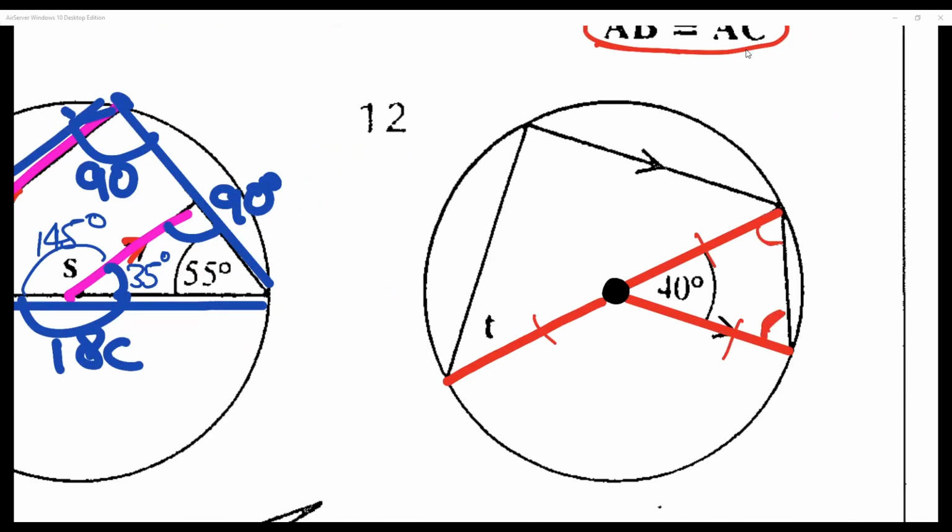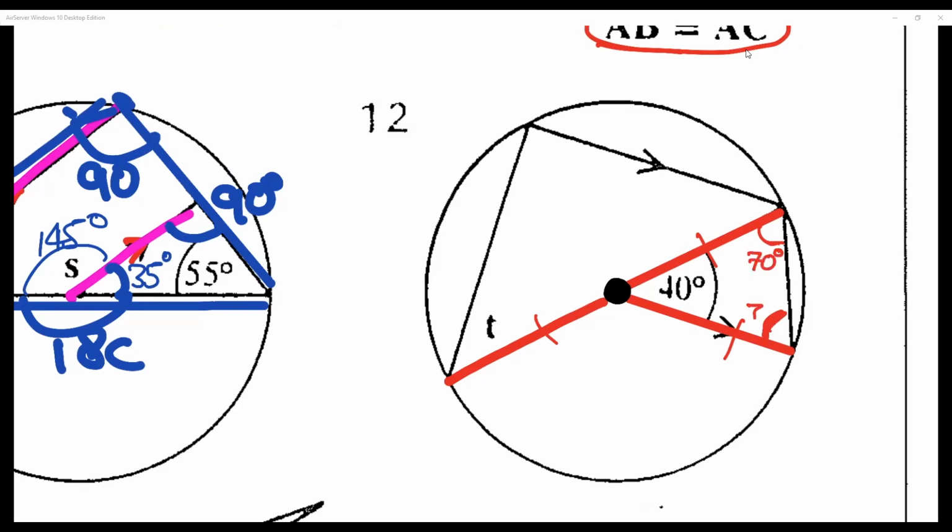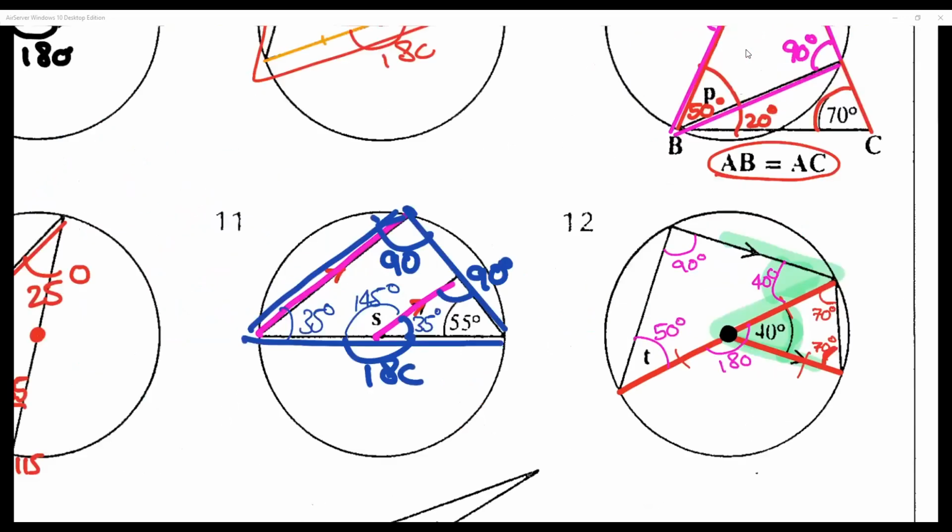So 180 minus 40 is 140, so that makes that 70. We know that this angle here is 180, so it will have to be 90. And what other arrangement do we have? This angle is equal to 40, which is equal to 40, which is equal to 50. Sorted.